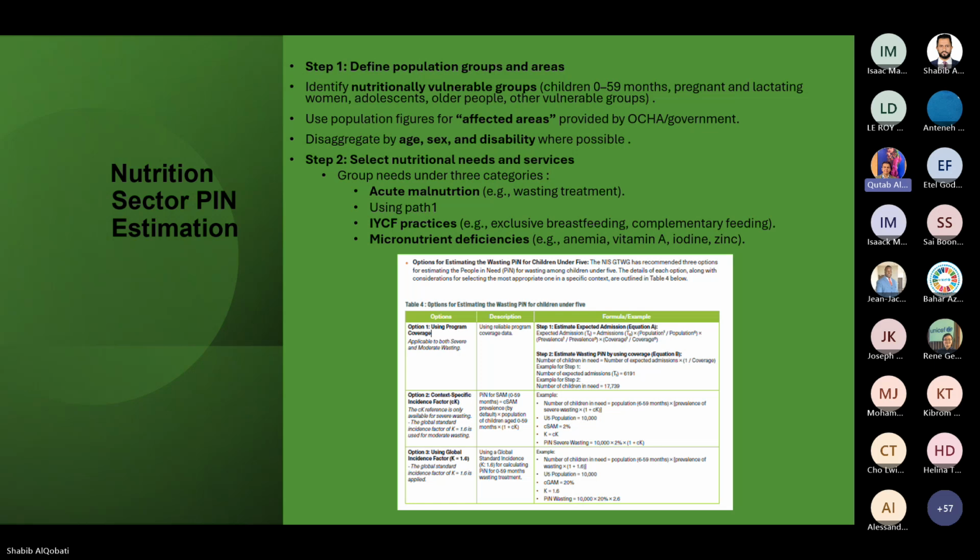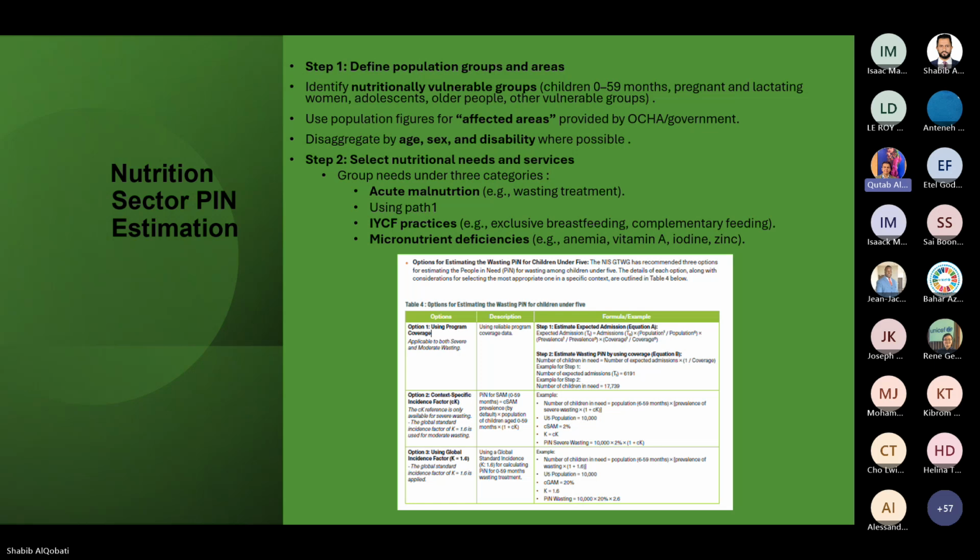So these are a few things when we combine all the PIN, people in need. So in Afghanistan, what we are doing is dividing the children first. For example, in children we are taking treatment programs like SAM plus MAM children, and then BCP. In areas where we have more BCP, we are taking the maximum in children, like SAM children and MAM children, and in BCP.